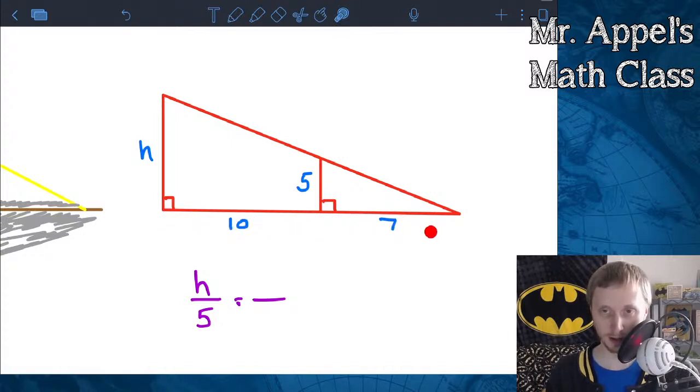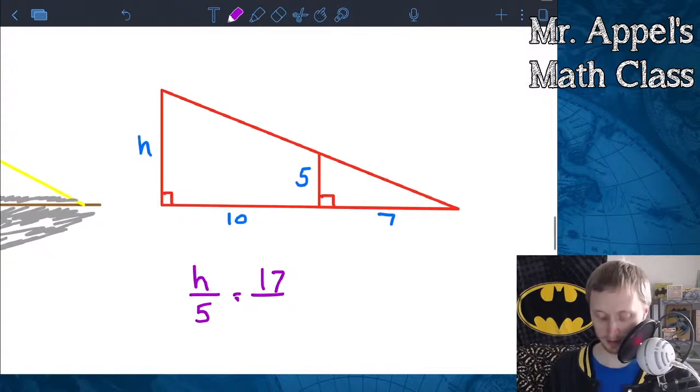This full length here. How long is the tree's shadow? There we go. Litsy's got it in chat. 17. Yeah, come on, guys. You had 10 and 7. And then that's the side of the large triangle. So below it, I need the corresponding side of the short triangle.